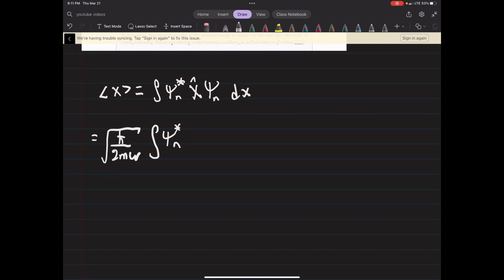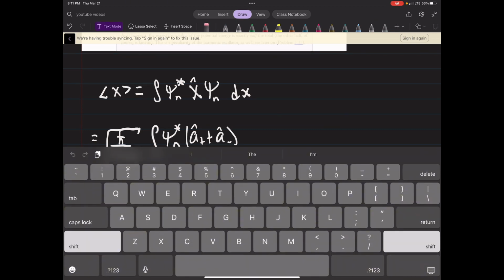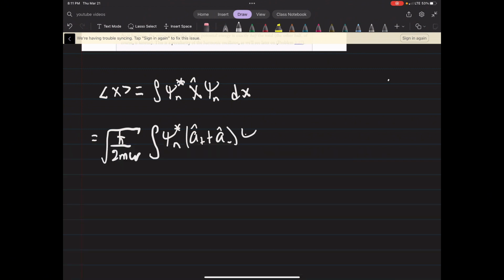That can just come outside. And then we have our raising operator plus our lowering operator acting on the state psi n.